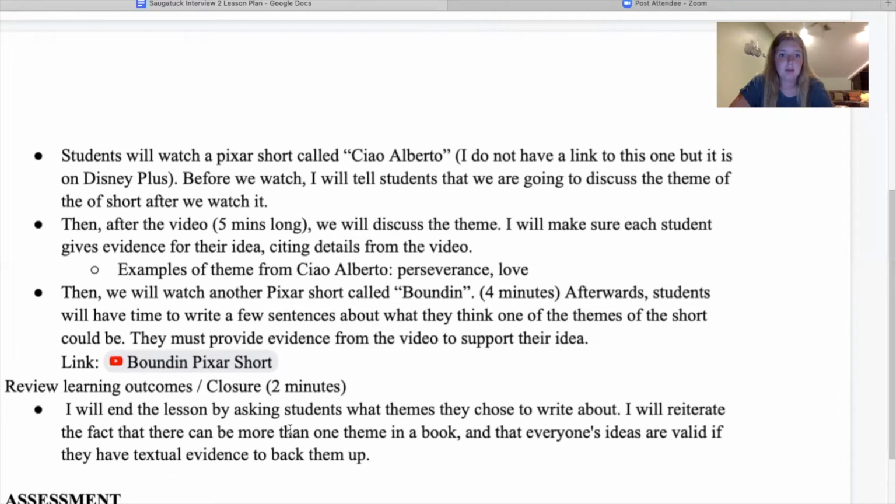The first one I have picked out is called Ciao Alberto. Before we watch it, I would tell the students that we're going to discuss the theme afterwards. So make sure to pay attention to what the characters are doing and saying, and think about what the video is trying to teach you or what kind of theme they're trying to portray.